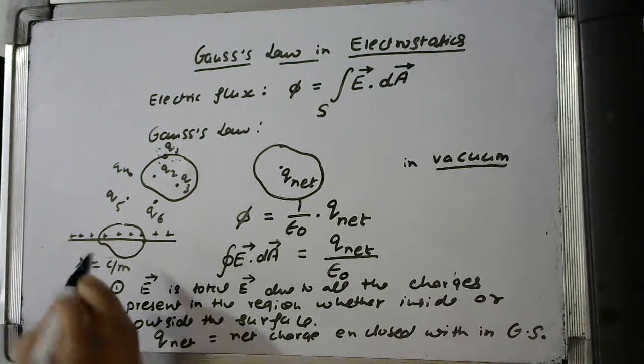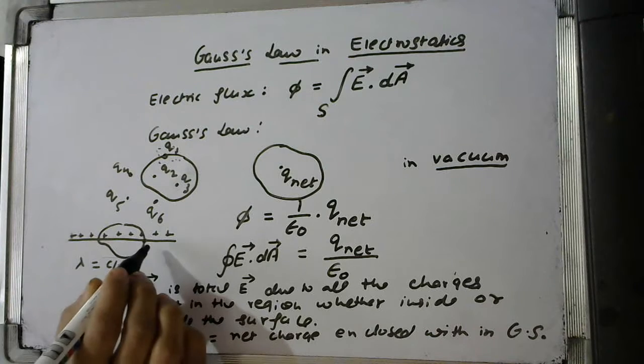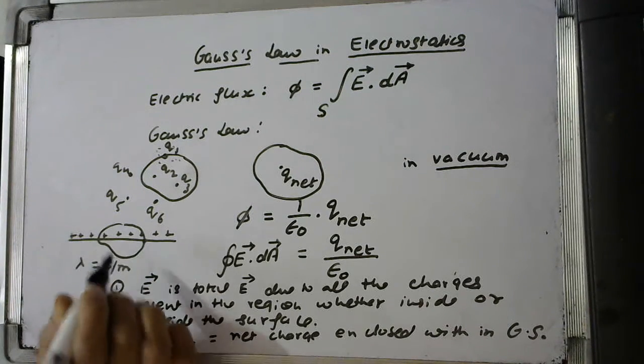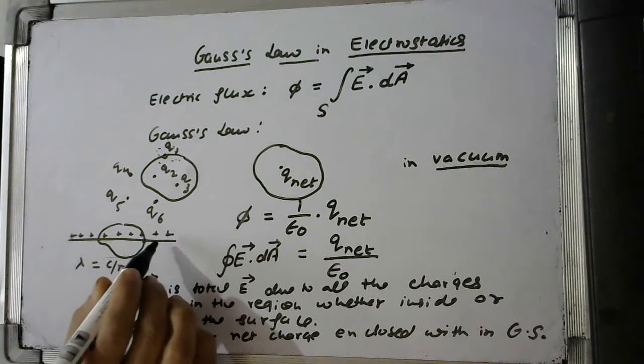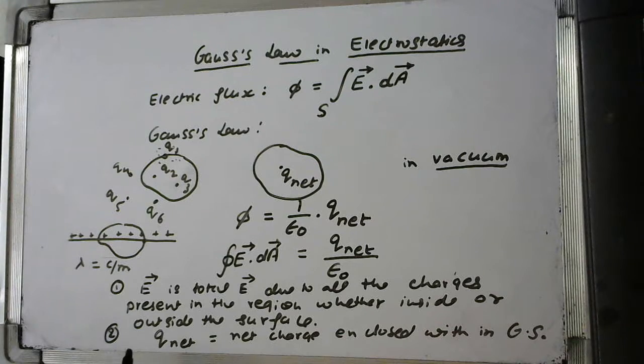So for a uniform distribution of charge, the Gaussian surface can cut the distribution at any place. However, for discrete charges, it should never pass through a point charge.